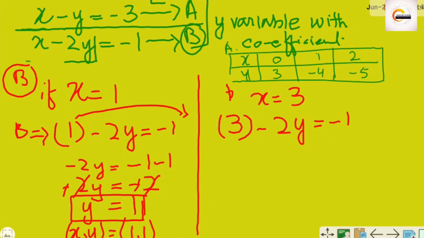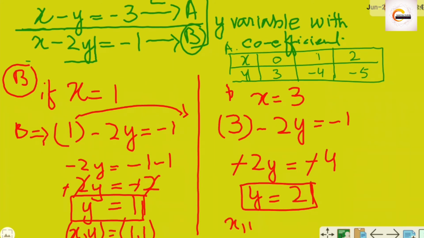So 3 minus 2y is equal to minus 4, and 4 is divisible by 2. So minus minus cancel, and y is equal to 2. Therefore, the x and y coordinate is equal to 3, 2.